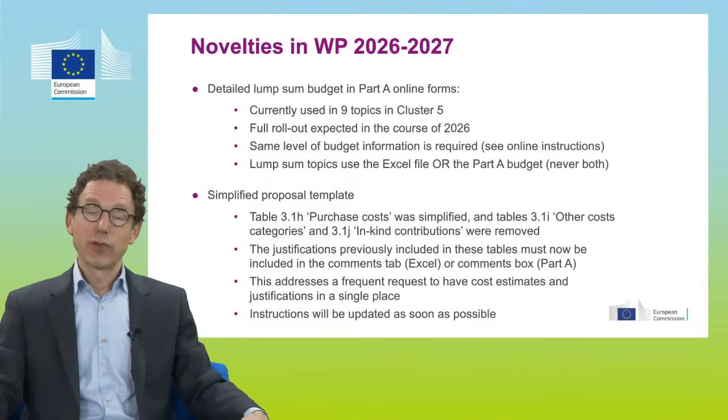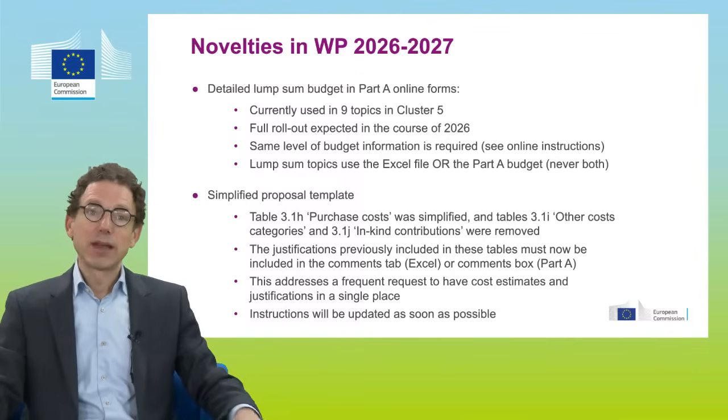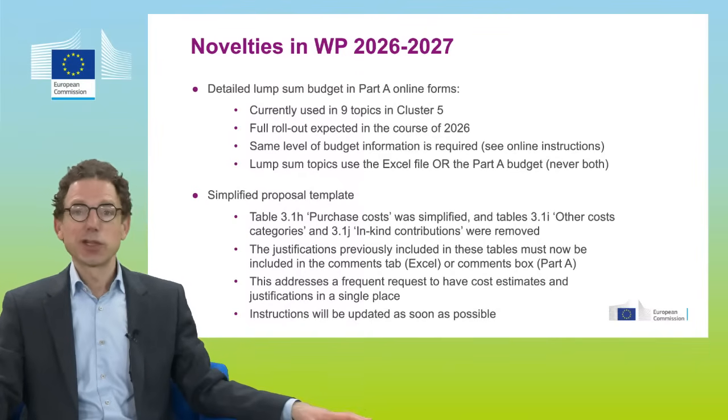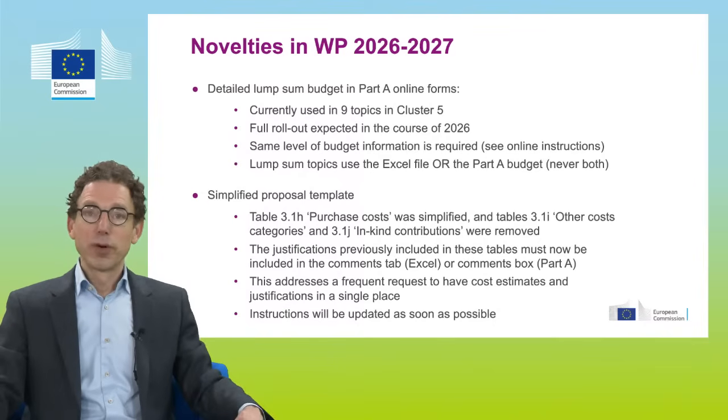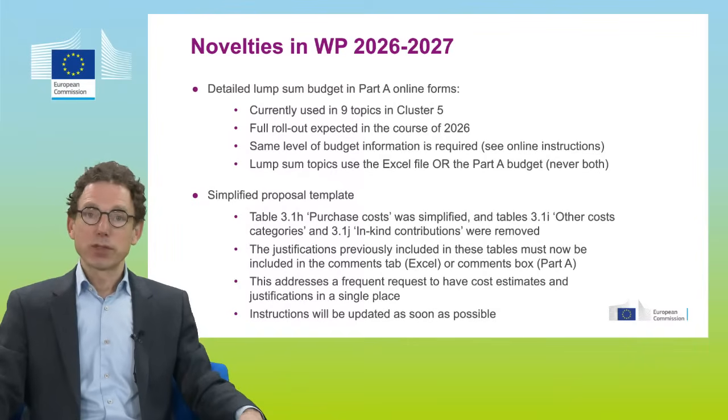It's a request we also had in the past, to not have the lump sum budget on the one hand and then justifications for some of the cost items in Part B of the proposal, meaning the explanations and the cost estimates were in different locations of the proposal. They are now much closer. You have your budget table in Excel, and if you use any of these cost estimates as cost items, justify them in the comments tab or in the comments box, which takes over that function in the online budget.